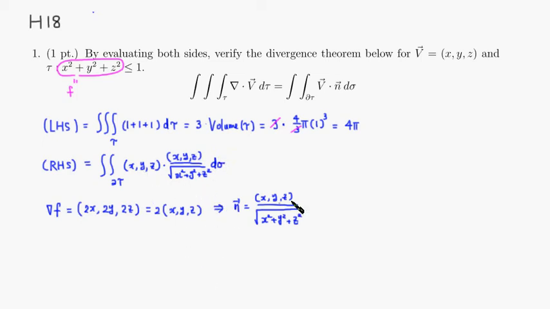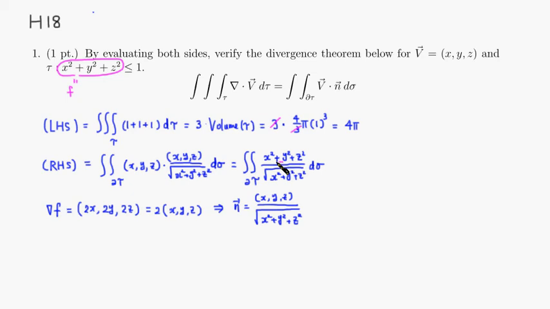Multiplying out, you will see that this is simply the integral over the surface of the sphere. x times x is x squared, plus y squared plus z squared, divided by the square root of x squared plus y squared plus z squared, d sigma.